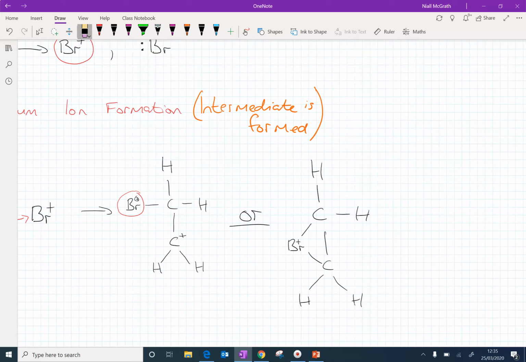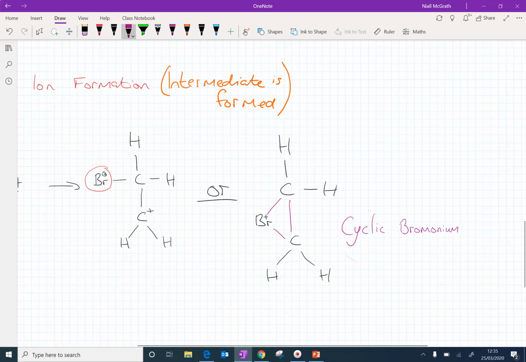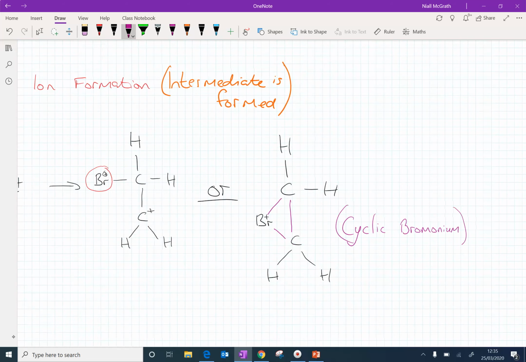So this structure here is a cyclic structure, and that just happens because the bromine molecule is quite large.